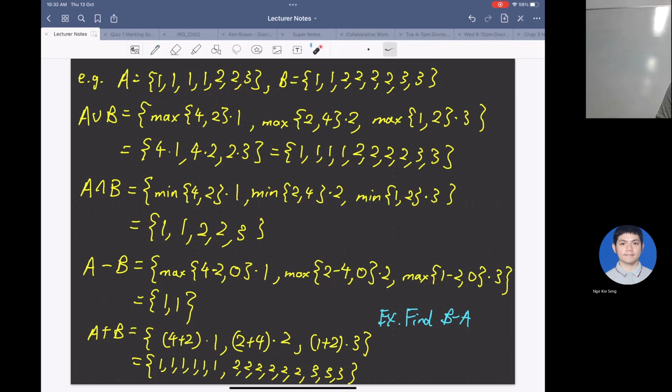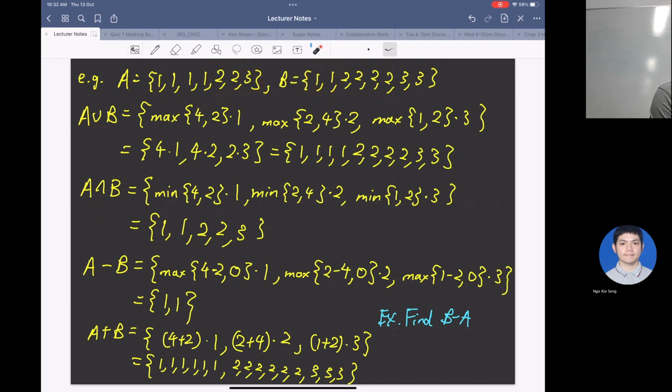So in a nutshell, what do you have? A union B, you just have the largest amount you have from each set. A intersect B, you have the smallest. So you have 1, 1 here, 2, 2 here, 1 here.